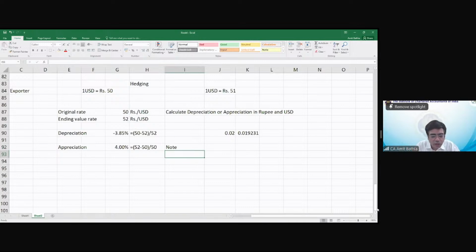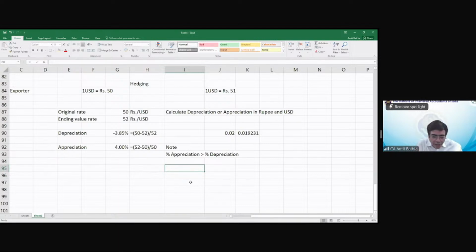So, first of all, always remember that percentage appreciation is by default always bound to be higher than percentage depreciation. This is basically a rule. If you are looking at a case where the depreciation is higher than the appreciation, then you know your answer is going wrong. Say, for example, my currency has appreciated by 5%.